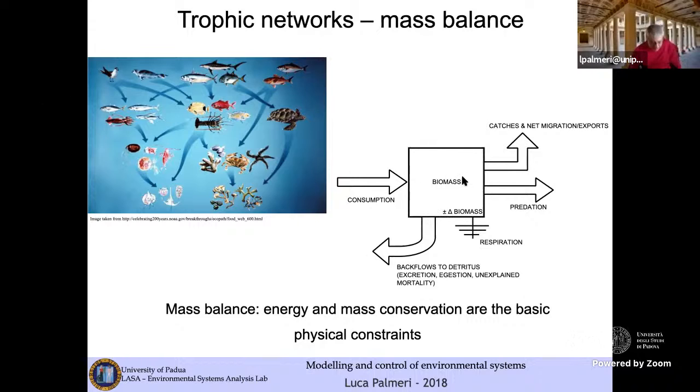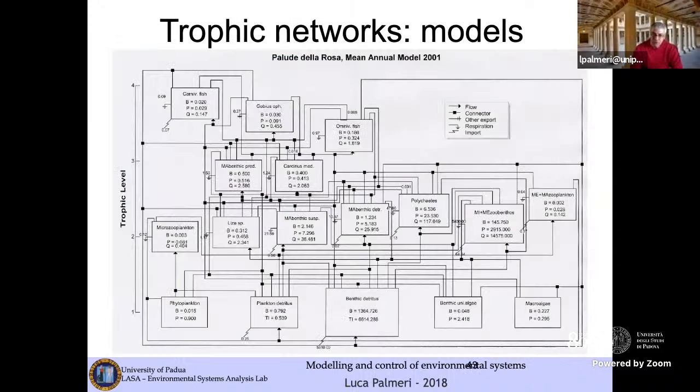And so this conceptualization of a model may be employed to describe very complex biochemical models up to describing trophic networks, very complicated trophic networks like the one I am depicting here.